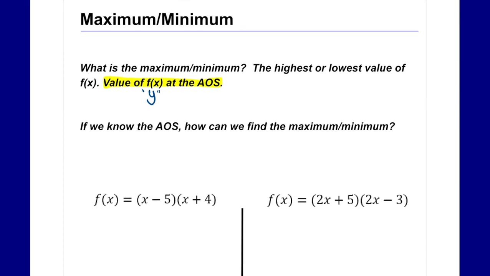So if I know the axis of symmetry, or if I know an x value, how do I find the y value? Right? And what we can do is we can substitute the x value, or the axis of symmetry, into the equation.